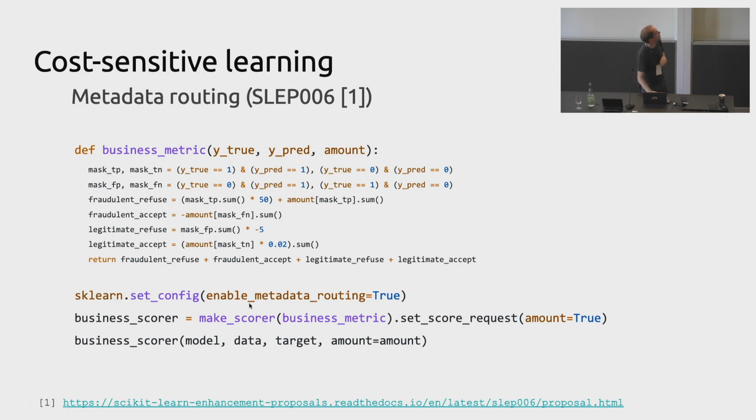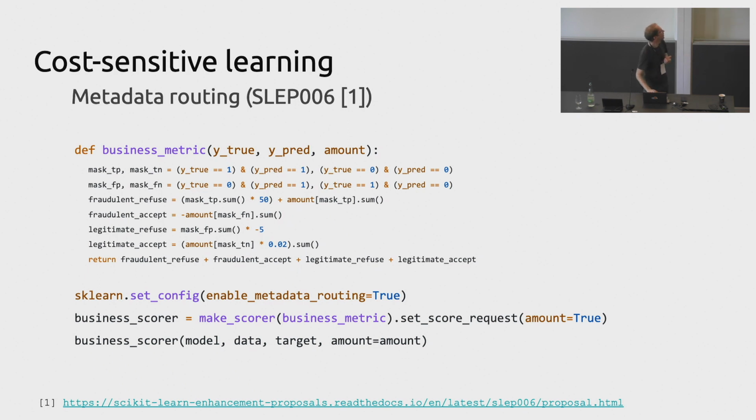You have this new feature that you can normally already use, but we haven't implemented it for all the estimators yet. In the next release that will be there. So you can enable this routing, and then you can tell, for instance, a scoring function to use this metadata, that we will provide it to you.